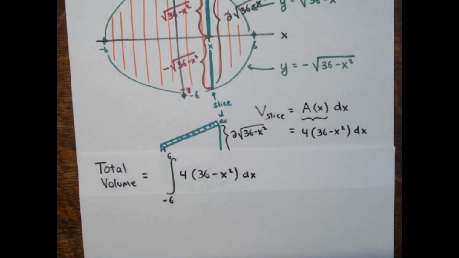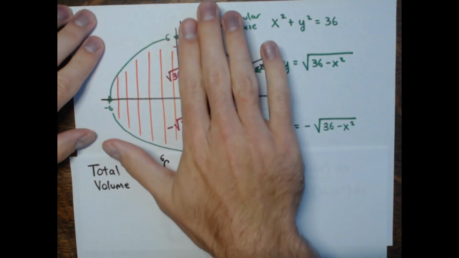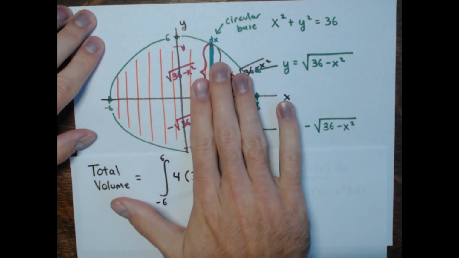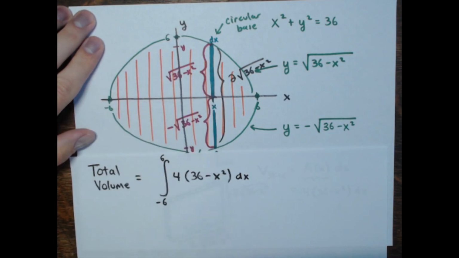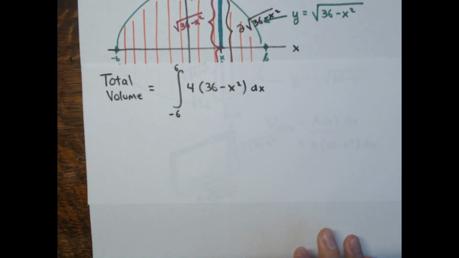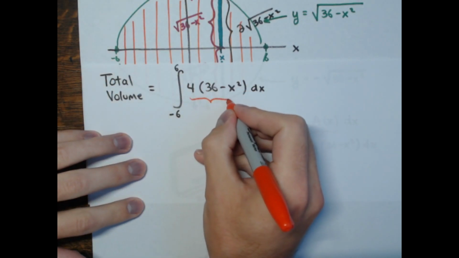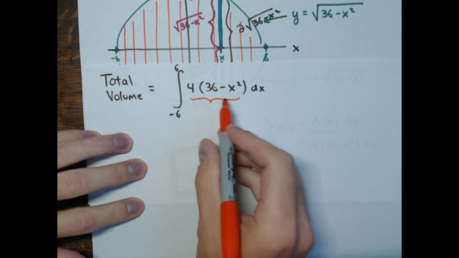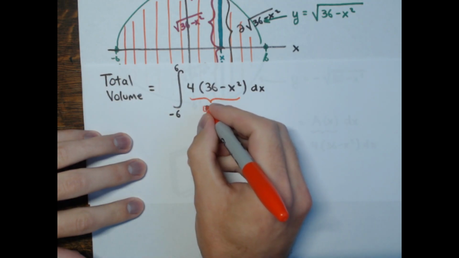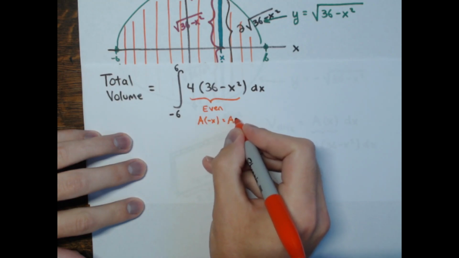Now, once again, you may see this nice symmetry here. The right half of the region is exactly the same as the left half. Just like the last example, this function for the area of our square is an even function again. The value of this at -x would be the same thing as the value of this at x.